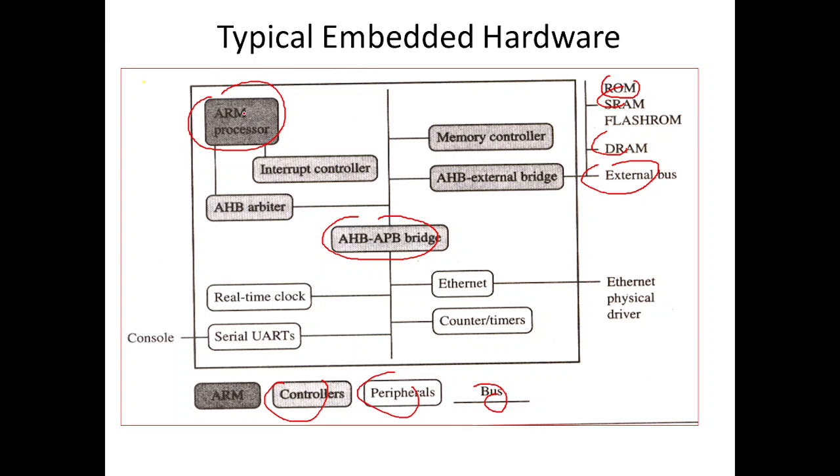If you see this complete architecture, most of the part which is available on the ARM processor has a separate register unit. It is for the memory control, it is for external interfacing. Along with this there is one line which is connected to all these units, that is real time clock, serial UART, ethernet counter.